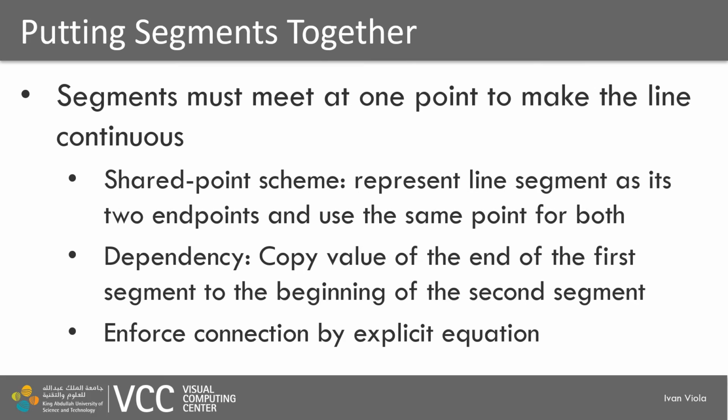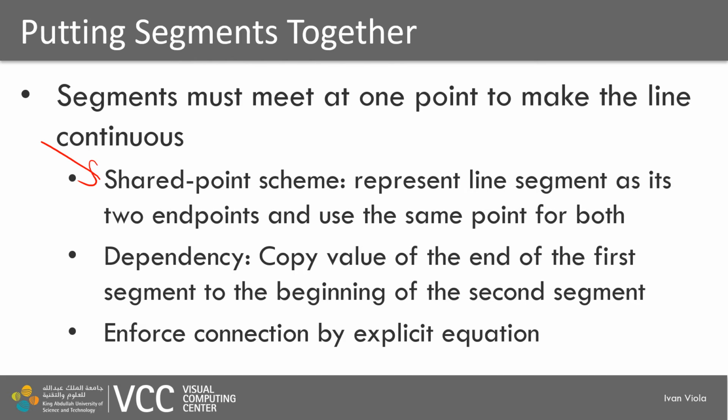And this can be done by having a so-called shared point scheme. So our points are defining the curve on segments, but the shared points will always be where these two curves meet at a certain point.